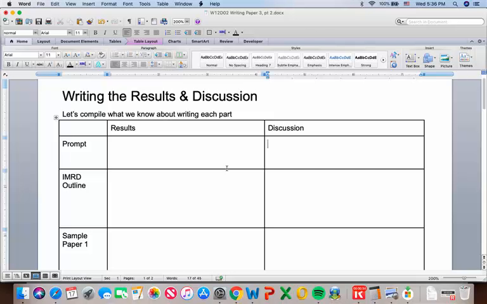So first of all, what I want to do is think about what we already know about this process and point out the handouts that you can refer to for more information and see that you already have some of this information. So first, let's look at the prompt and see what we can learn about writing the results in the discussion section.